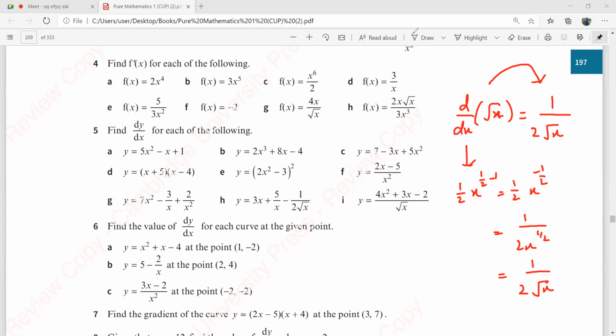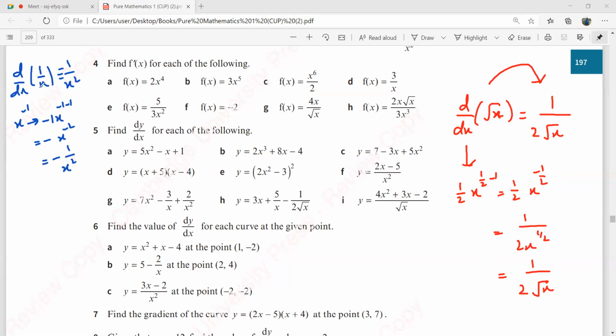And then the better students also learn that the derivative of 1 over x is minus 1 over x squared. You see, 1 over x is x raised to the power minus 1. So when you differentiate it, this becomes minus 1 x raised to the power minus 1 minus 1. This is minus x raised to the power minus 2. And eventually this becomes minus 1 over x squared.